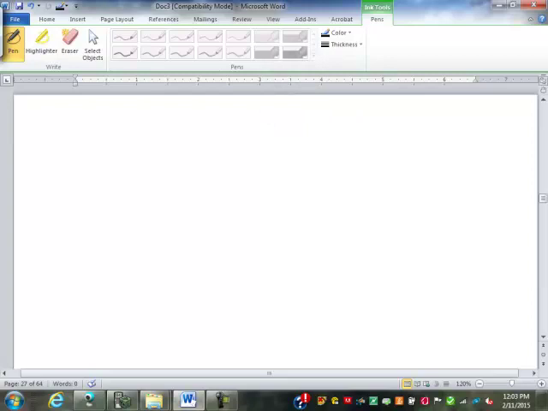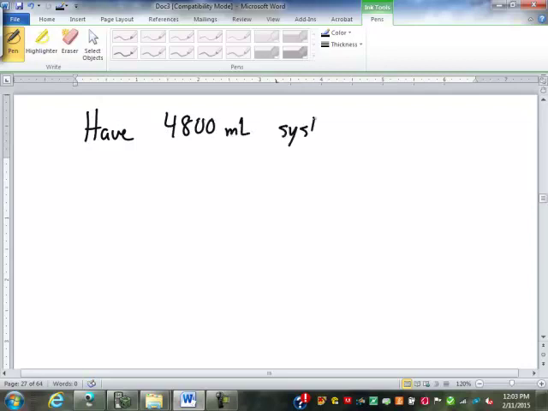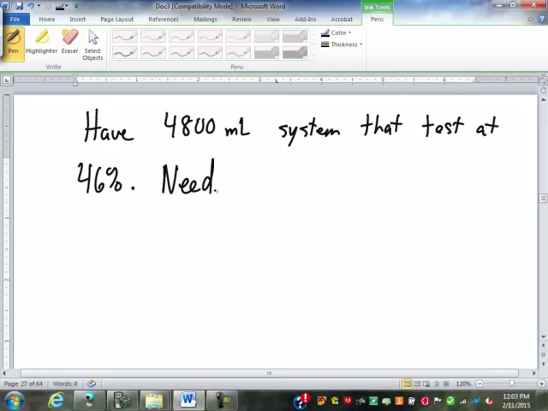Well, let's look at one a little bit different. Let's say we have a 4,800 milliliter system that tests at 46%. For our current working conditions, we need 54%.